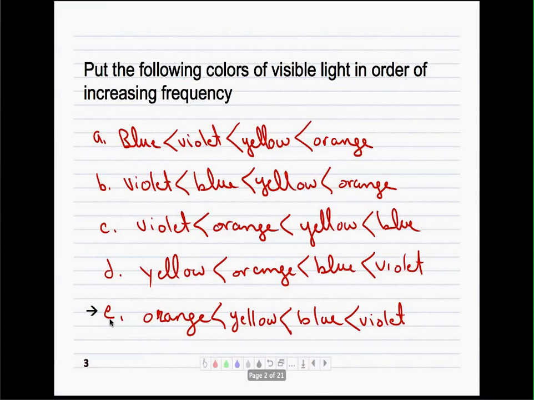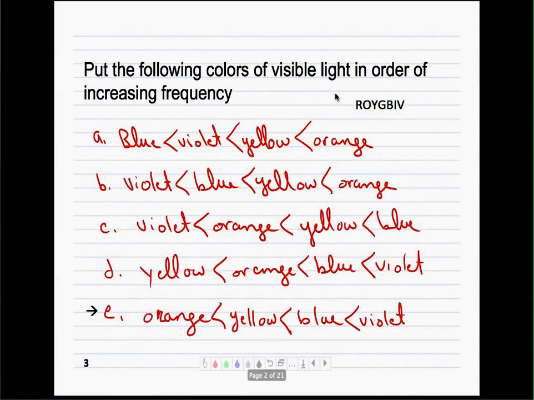So the way that you have, if you know the acronym ROYGBIV, V being the highest in energy. Remember, energy and frequency are proportional. So the higher the frequency, the higher the energy, or the higher the energy, the higher the frequency.